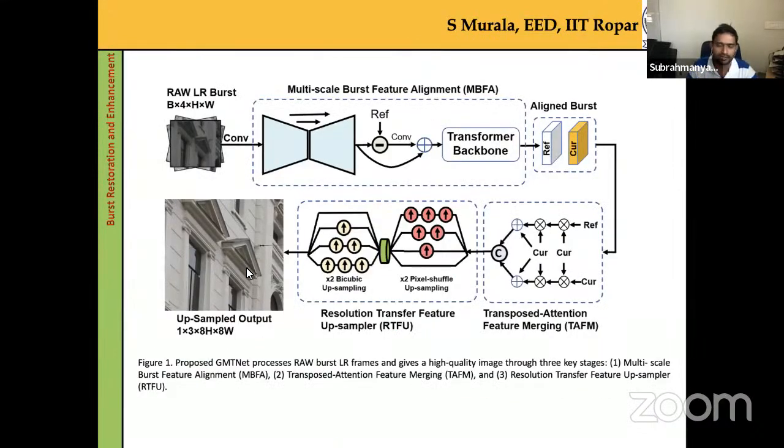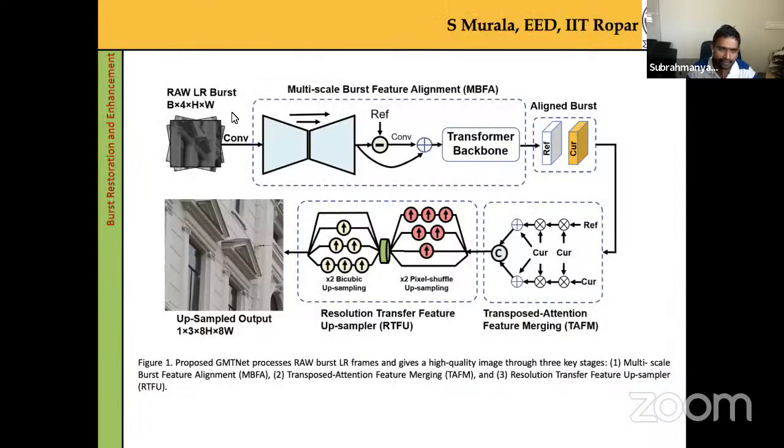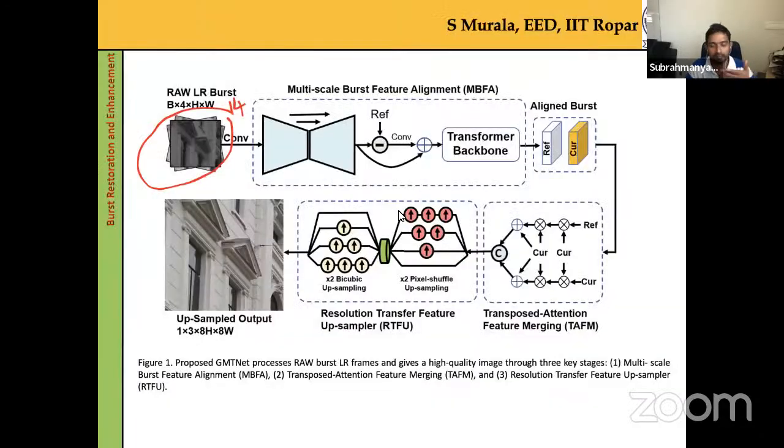Okay, so the flow diagram, if I show you: I will be collecting many frames. In my experimentation, we have considered 14 frames. These 14 frames of short video are processed using deep learning algorithms.